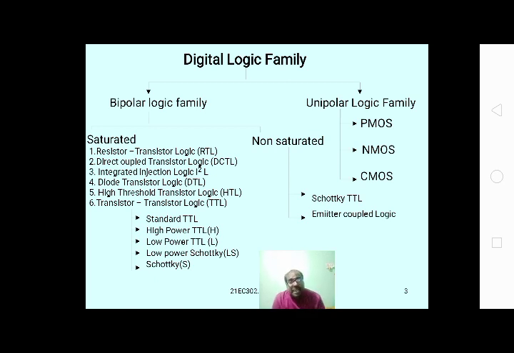Again, TTL is converted into types: standard TTL, high power TTL, low power TTL, low power Schottky LS, and Schottky S. Next, the non-saturated bipolar logic family is converted into two types: Schottky TTL and emitter coupled logic, ECL.